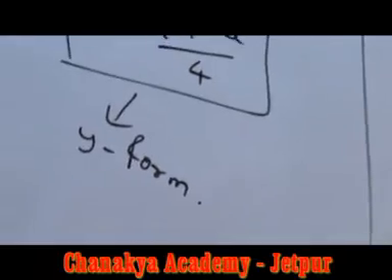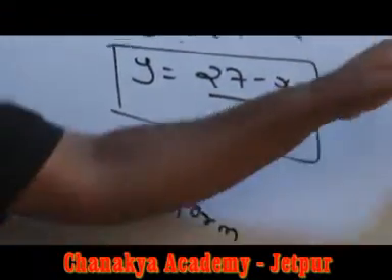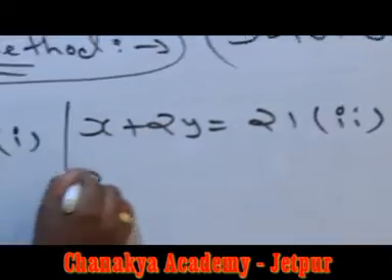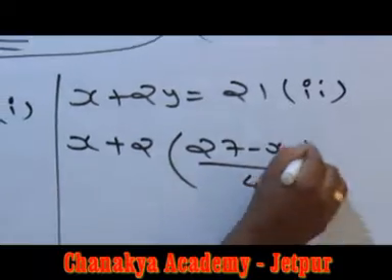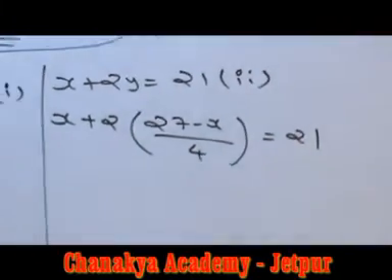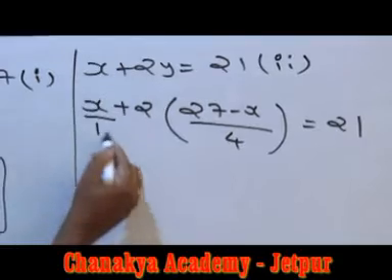Okay students, now substituting the value of y equal to 27 minus x by 4 in equation number 2, x plus 2 bracket value of y is 27 minus x divided by 4 equal to 21. Okay, taking LCM, here the denominator of x is 1 and 4.